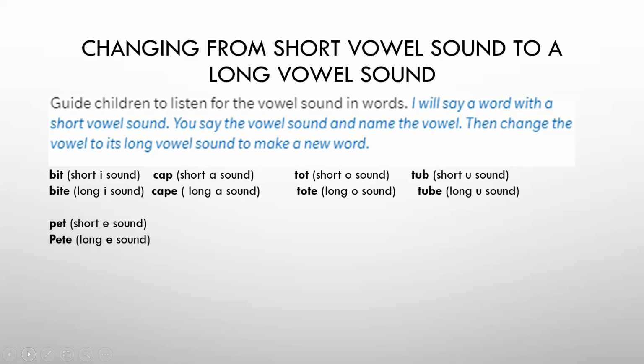B-it, bit. So what is the vowel sound? You say the word and tell me what the vowel sound is. Okay, so the vowel sound was short I. Now if you put a silent E at the end of that word, it turns into bite.